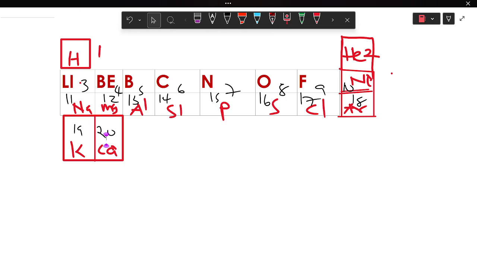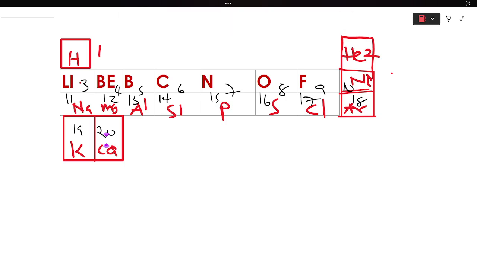That's perfect. So I want us to look at some of the things that are very, very important. As we move across, these are what?